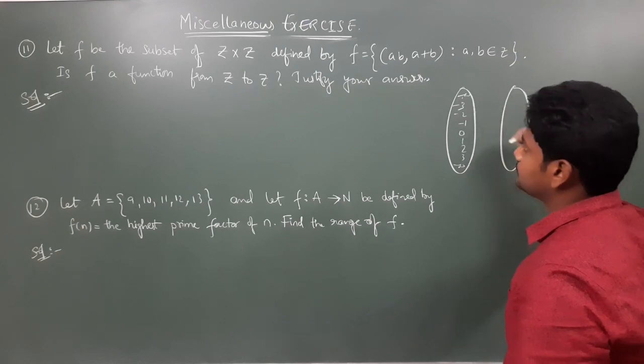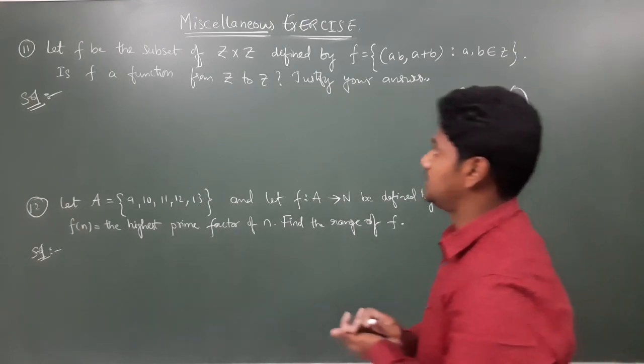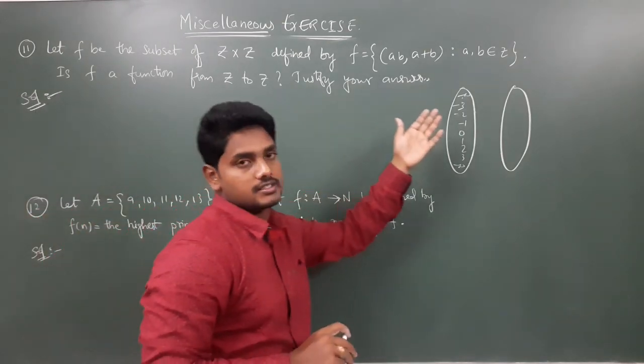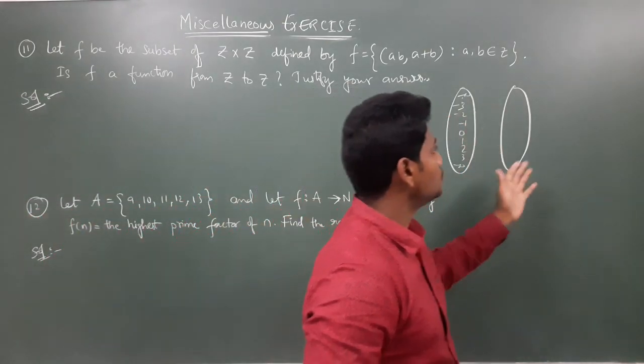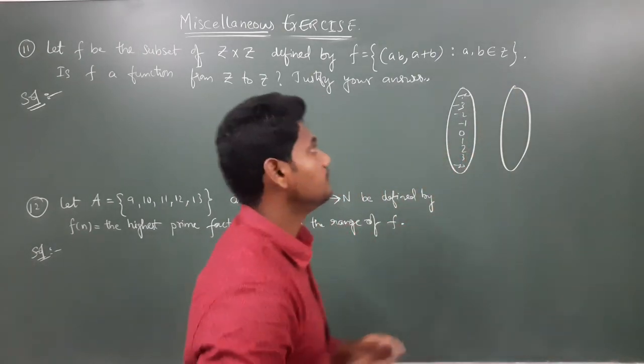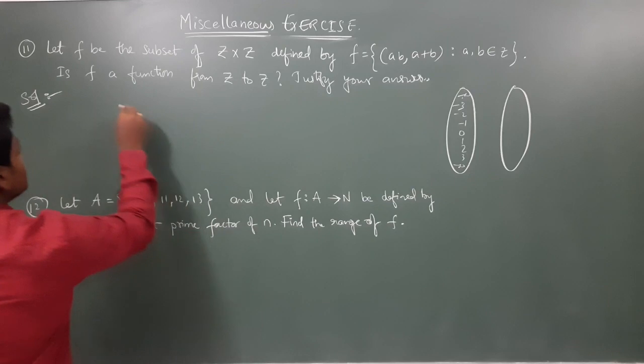Now, is f a function from Z to Z? Justify your answer. See, through an arrow diagram, if every element of the first set has a unique image, that is a function. But what is given?